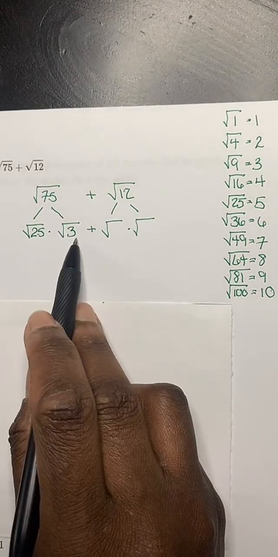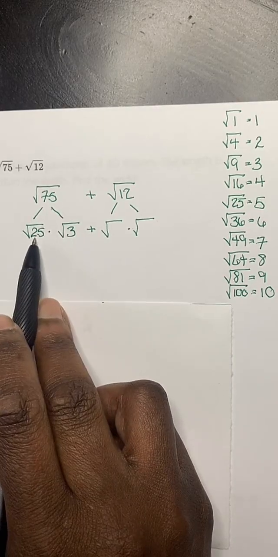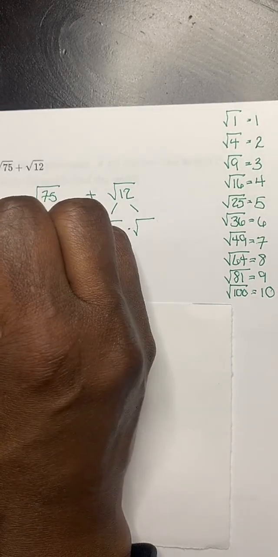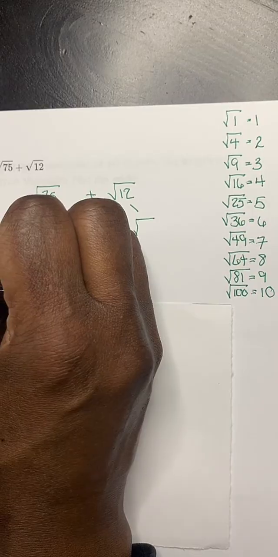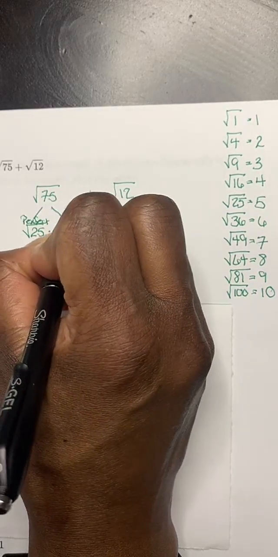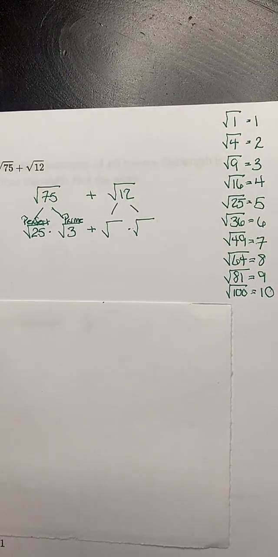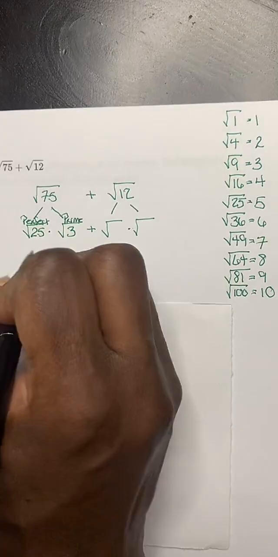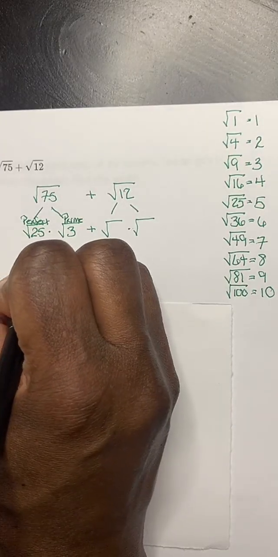So 25 times 3, that is what's called a perfect, because 25 is perfect, and my prime is the 3. So square root of 25 gives me a whole number of 5.